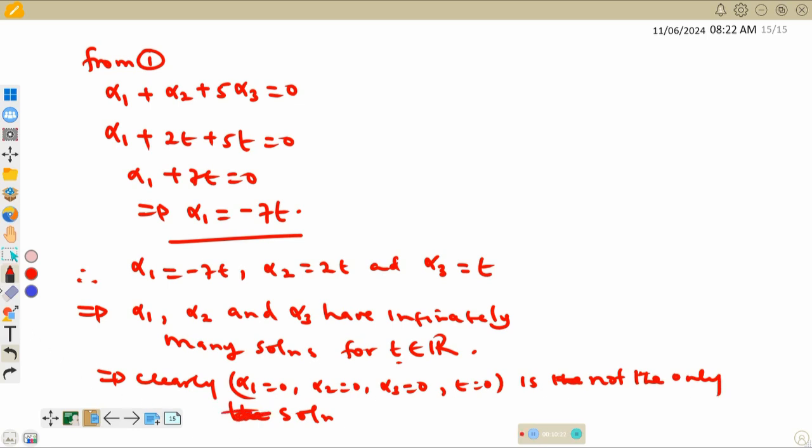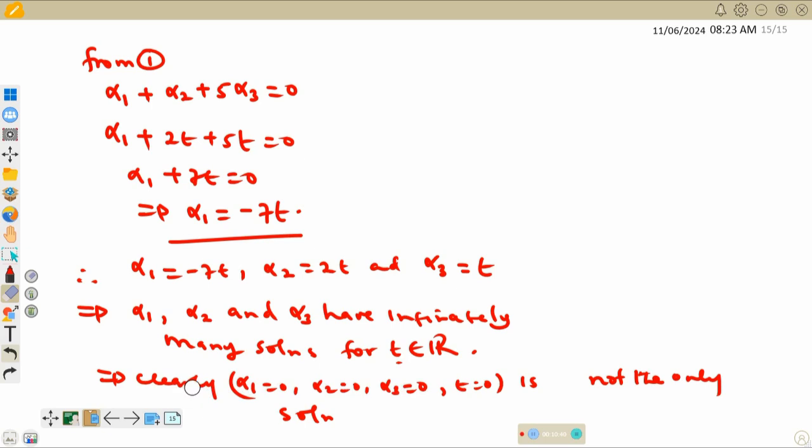And that implies that our vectors are linearly dependent. Because if they were linearly independent, then the only solution must be alpha 1 equaling 0, alpha 2 equaling 0, and alpha 3 equaling 0.